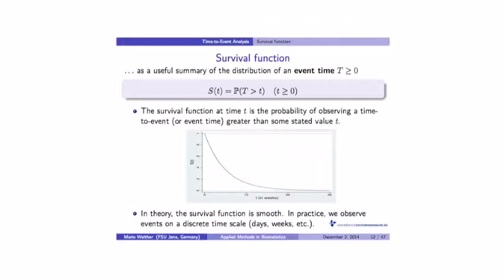And the course of the survival function, I already said, is a decreasing function. That means the greater the time, the more unlikely it is that the patient is event-free. Yes?